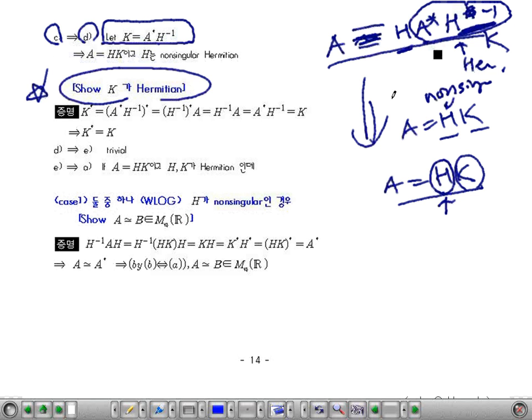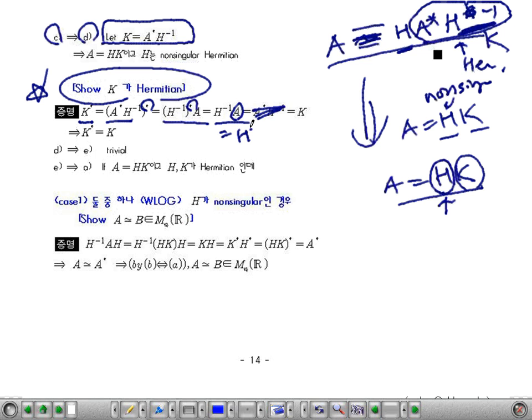So show K is Hermitian. K star is what? K is A star H inverse, so taking the star, it can be written as H inverse star times A. But H is Hermitian, so H inverse star is the same as itself. So H inverse A. What was A?